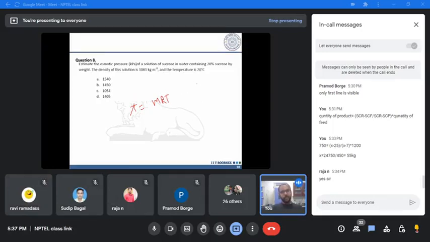Absolute temperature means T equal to 273 plus 20, in Kelvin. So this will be 293 Kelvin.